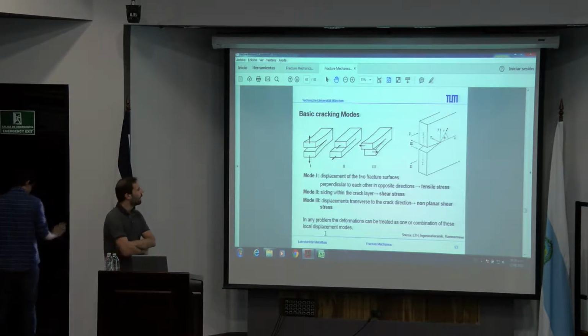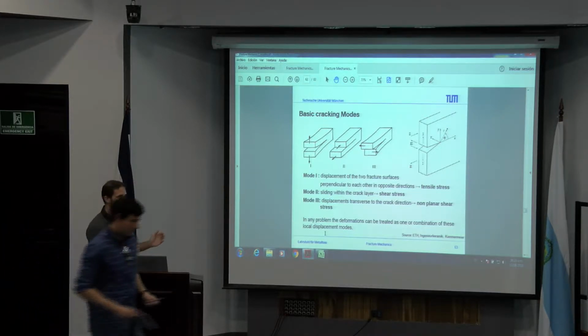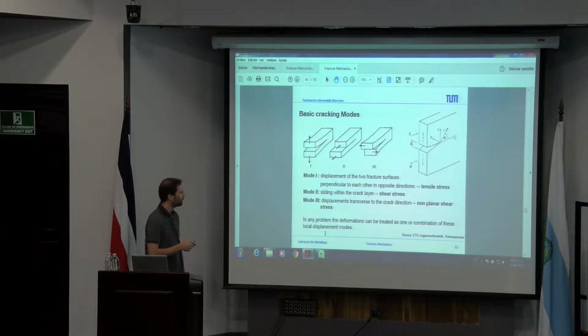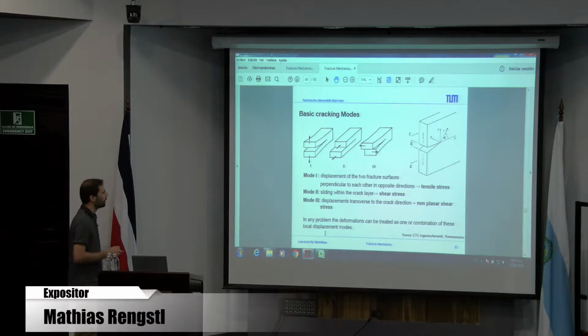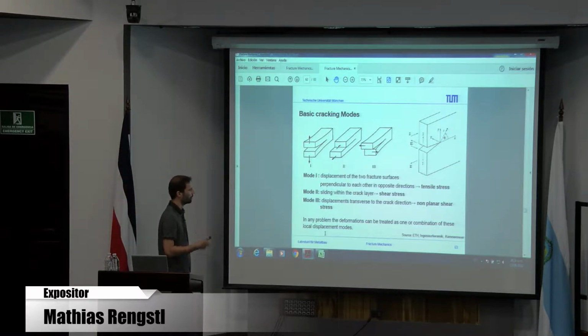The first mode is always the opening mode of the crack. Due to this, we also have at the crack tip some stresses which are rectangular to the crack surface and are stressing our crack tip.